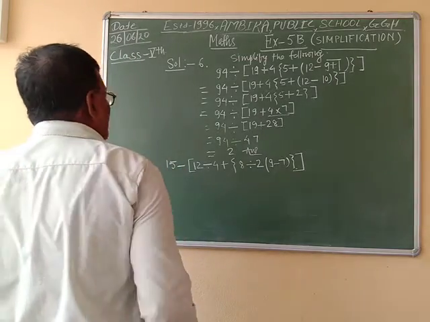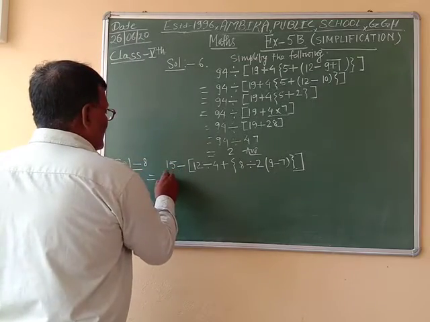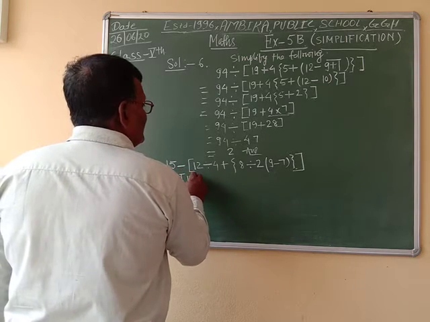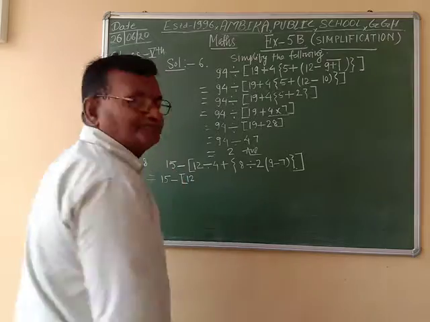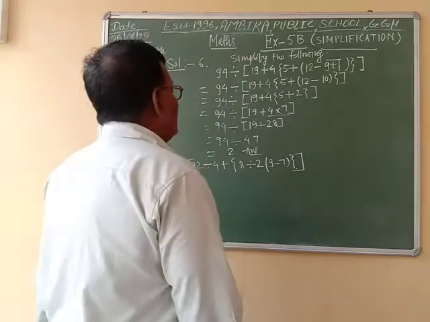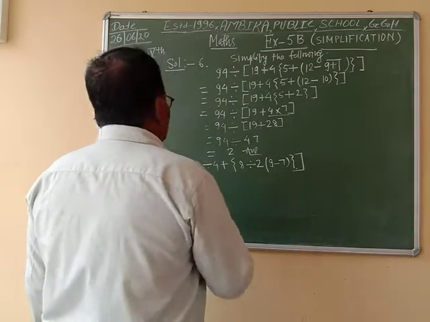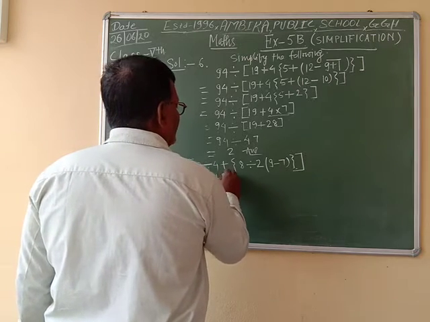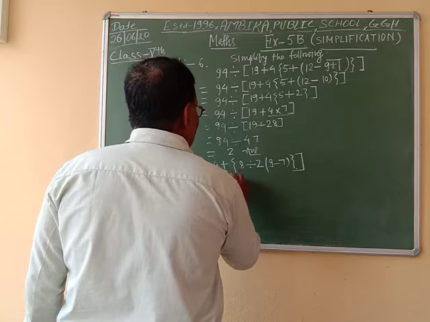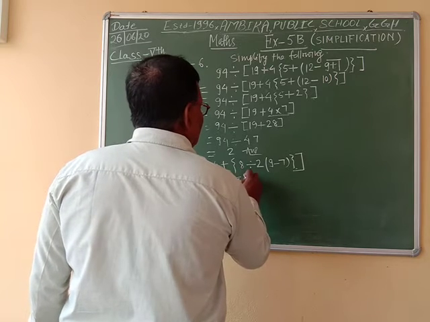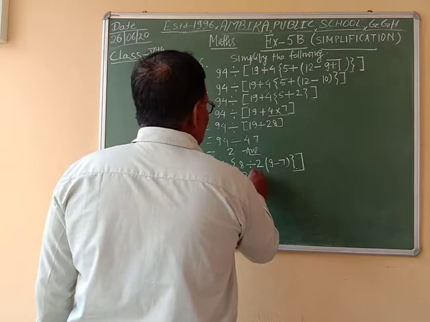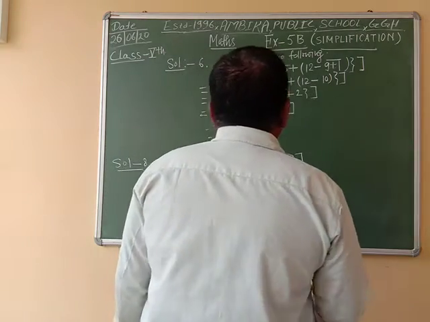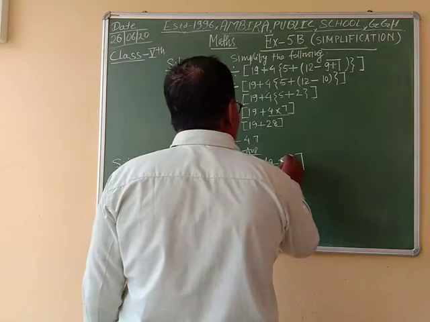Simplifying, we write 15 minus 12 divided by 4 plus small bracket 8 divided by 2 into, we perform the operation 9 minus 7. 9 minus 7 is equal to 2.